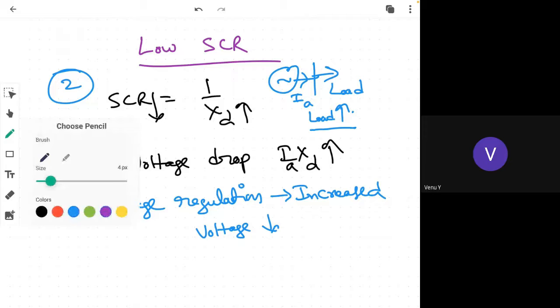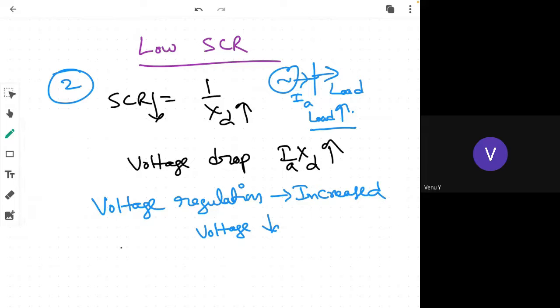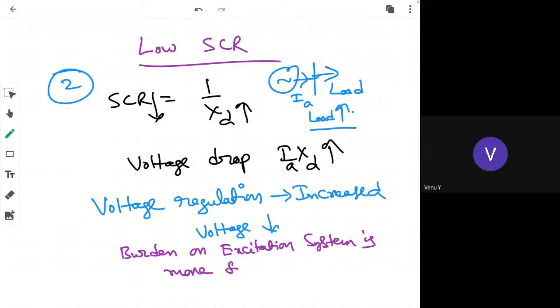So if you want to maintain the same voltage, the burden on the excitation system is more for maintaining constant voltage against load variations. This is the second important point of low SCR.